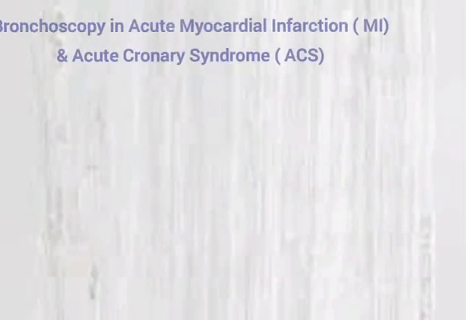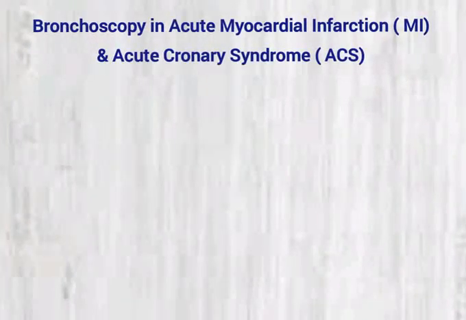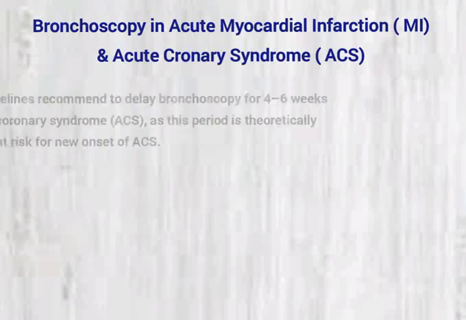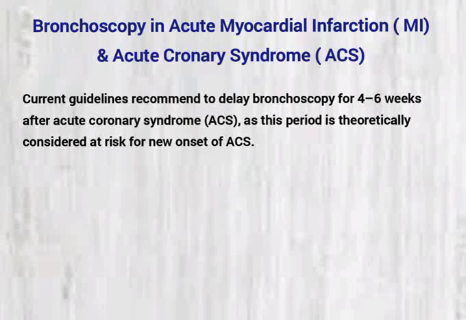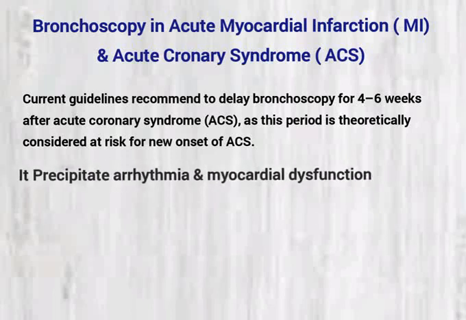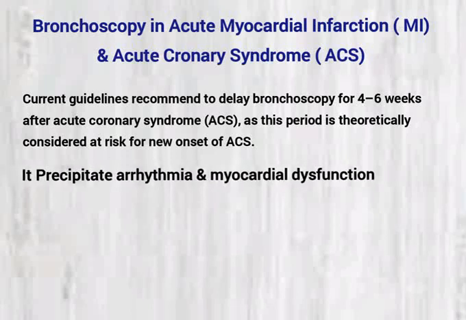The second condition is bronchoscopy in acute myocardial infarction and acute coronary syndrome. In this scenario, current guidelines recommend delaying bronchoscopy for 4 to 6 weeks after acute coronary syndrome, as this period is theoretically considered at risk of new onset acute coronary syndrome. Second, if bronchoscopy is done in a myocardial infarction patient, it precipitates arrhythmia and myocardial dysfunction.